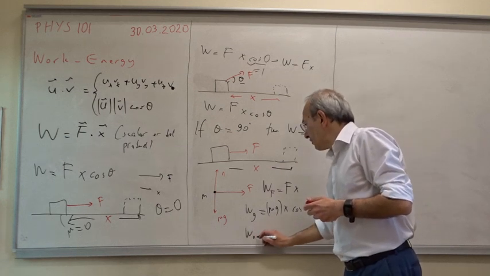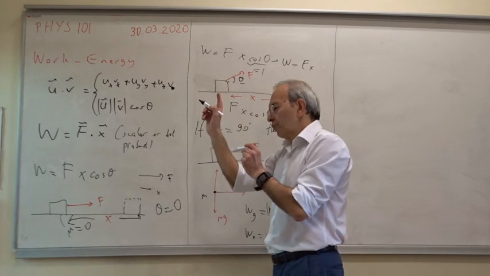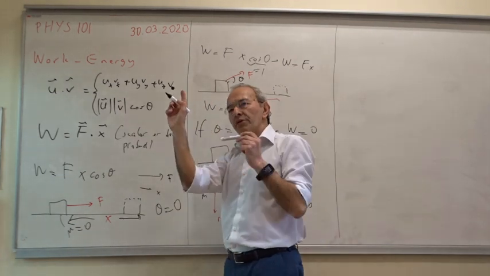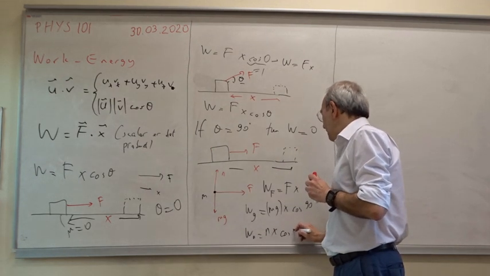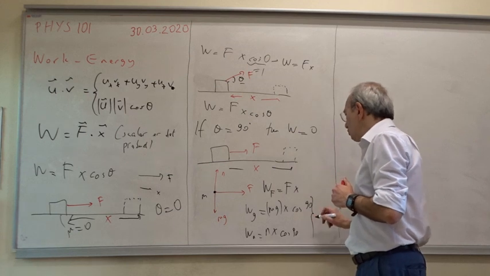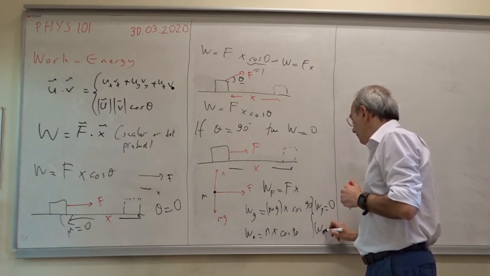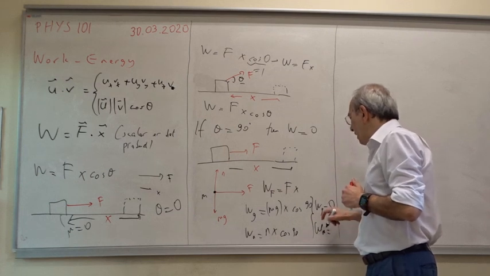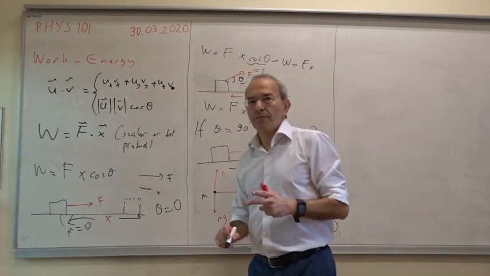Similarly, work done by the normal force. It is the force acting up, but x is this displacement along the x-axis. So normal force times the displacement times again cosine 90. So in these two cases, both Wg and Wn, in other words, work done by gravity and work done by the normal force, are both zero.